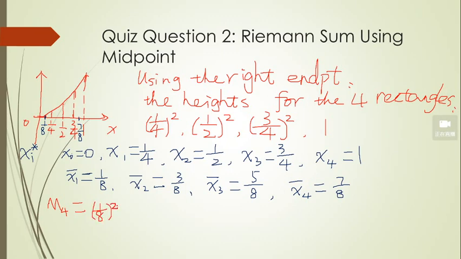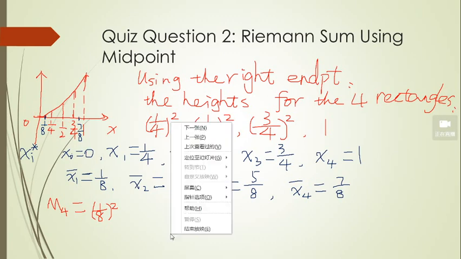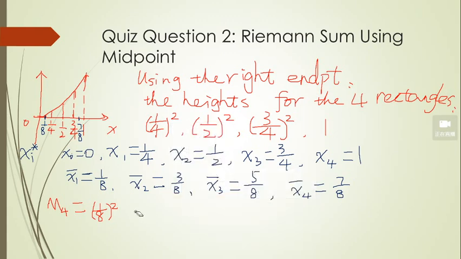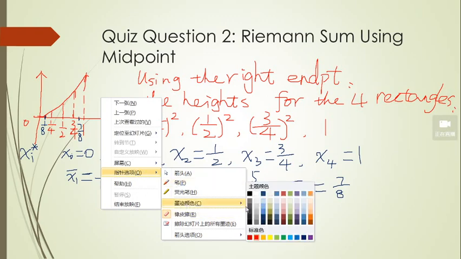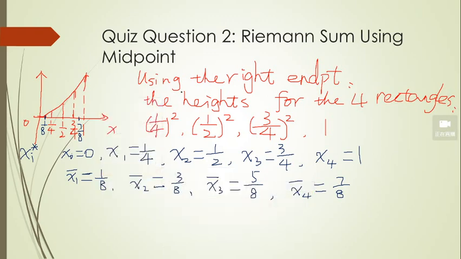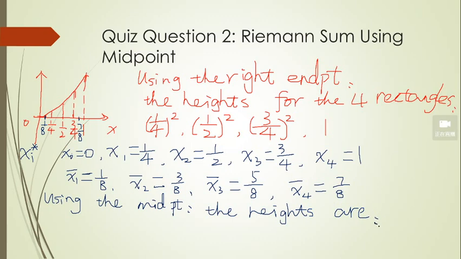Comparing with the notation here, using the right endpoint, the heights are all those. Now using the middle point, the heights for the 4 rectangles change.